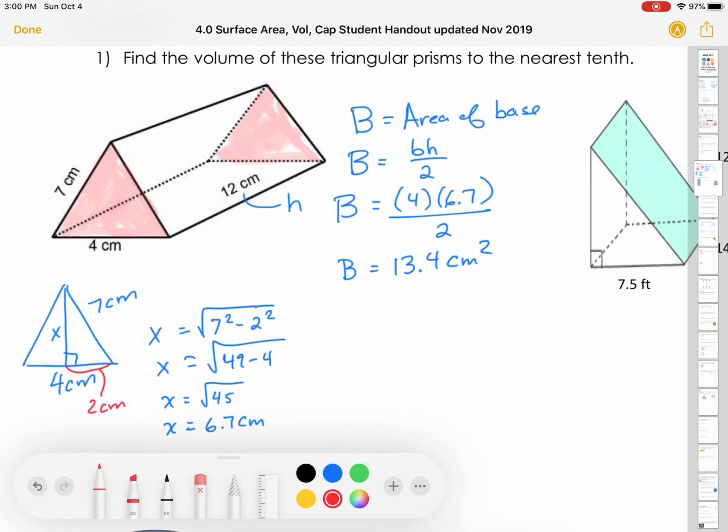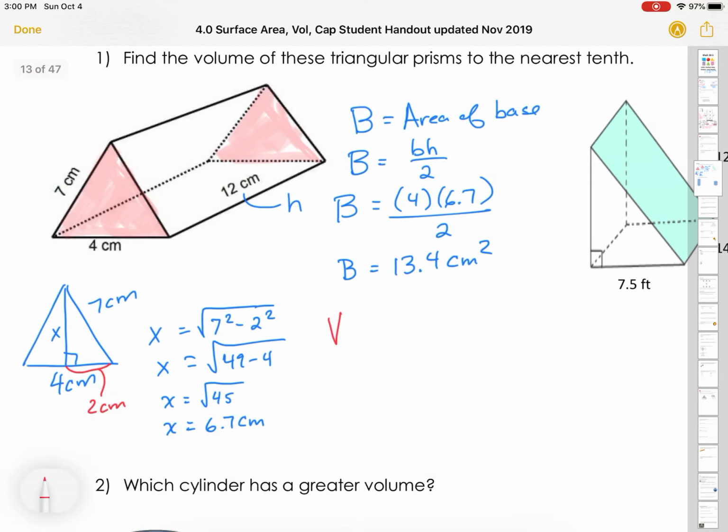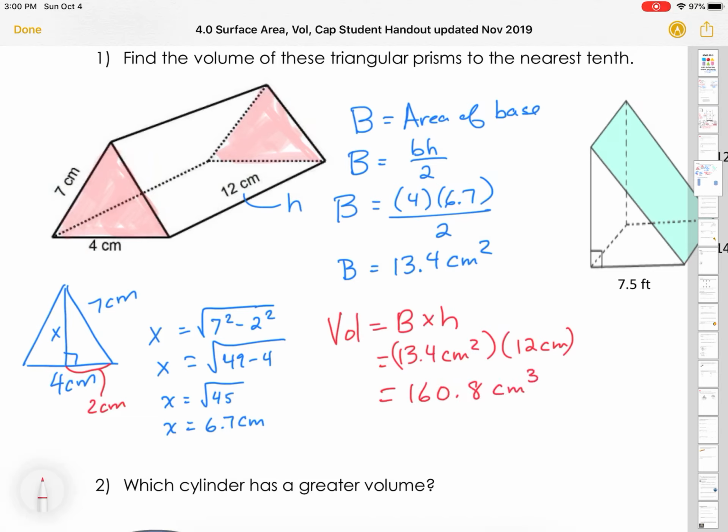Now, for the second step, we're going to find the volume, which is base times height. Well, we just found the base, which is 13.4 centimeters squared. We're going to times it by the height of the prism, which is 12 centimeters, which is equal to 160.8 centimeters cubed. And that is our answer.